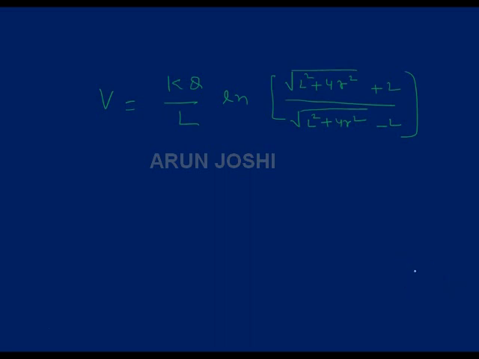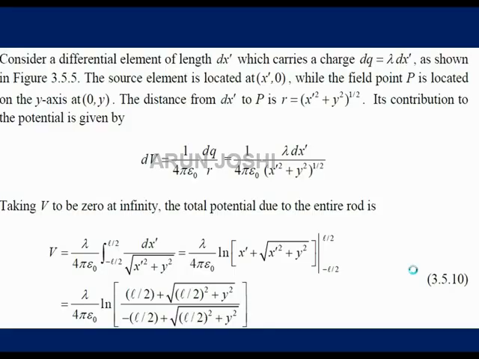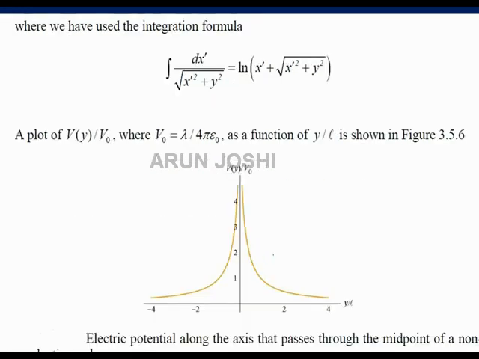And one more type, I will explain the result maybe in this way also. Exactly the same. Here basically I am using the standard formula that I have discussed many times, ln modulus of x plus root x square plus y square. So you can do it in this way also.